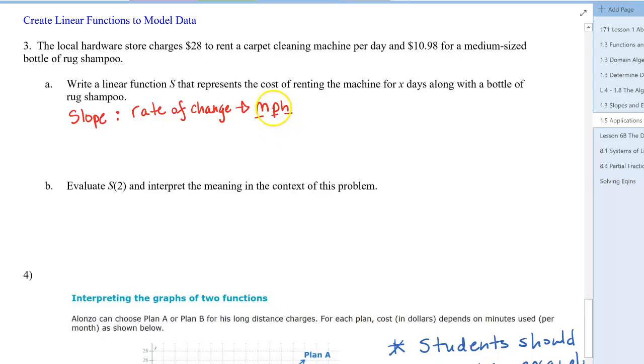So the word per is a clue here. And if we look, we have per day here. So that is a clue that this is going to be the rate at which we're charged for this carpet cleaning machine. So the rate is going to be $28 per day.